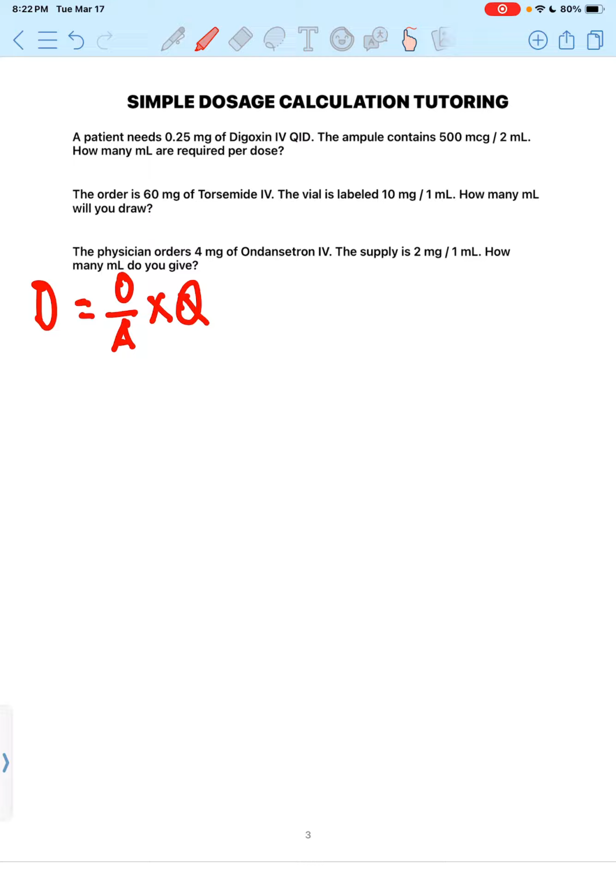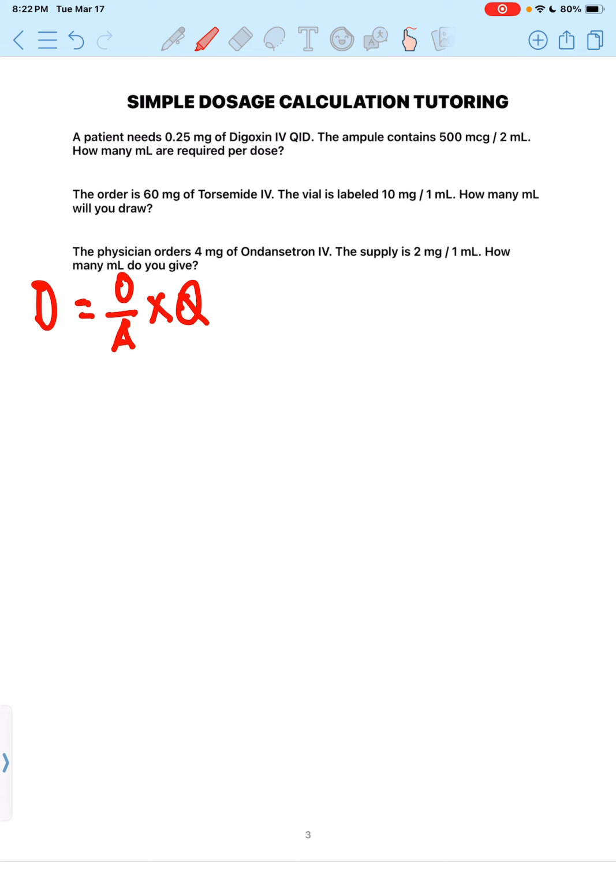Two types of medication you're going to deal with. The reason I want to emphasize these two types of medication is that the quantity will be different, either for a liquid medicine or a solid medication. So let me put it right here, dear friend.